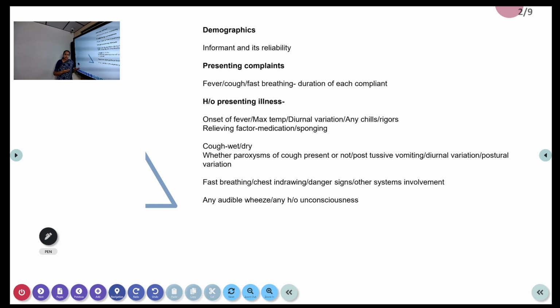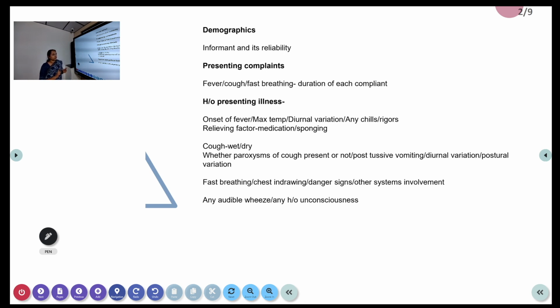Sometimes in bronchiectasis you might get a postural variation of cough, because the lower lobe bronchus on one side is affected. Then when the child lies on the opposite side, he might have increased cough because of the drainage of the secretions from that particular lobe which is affected by the bronchiectasis. So postural variation you ask.